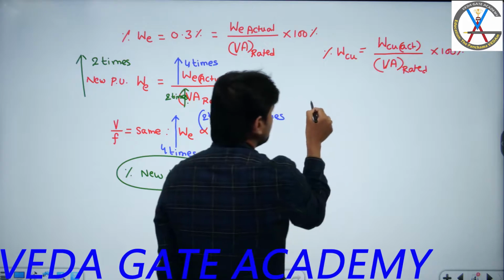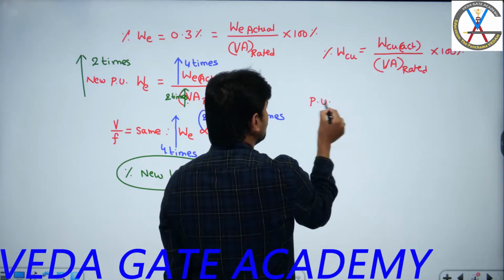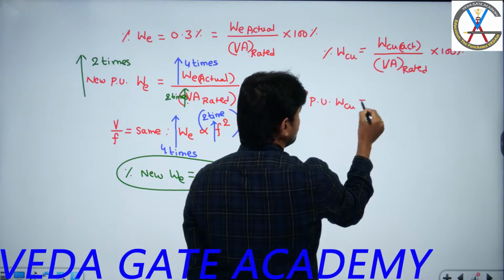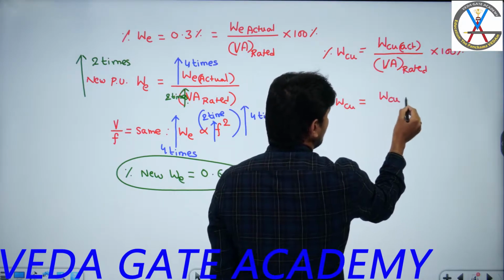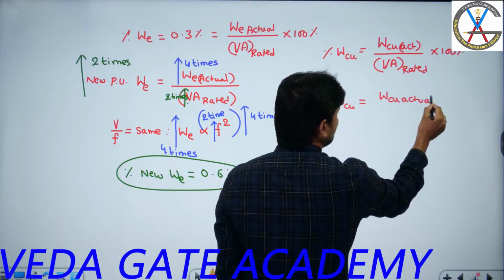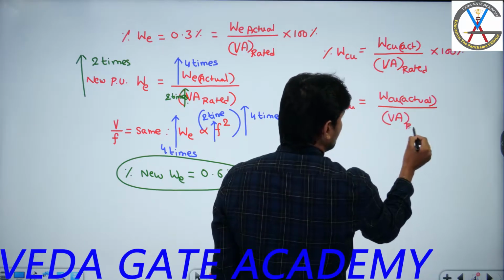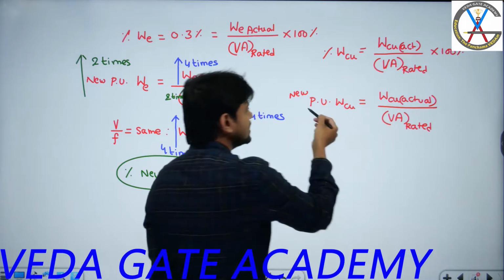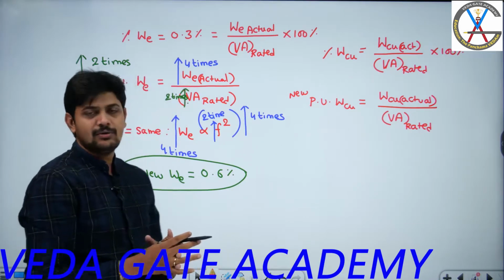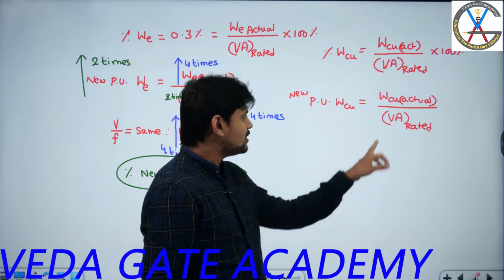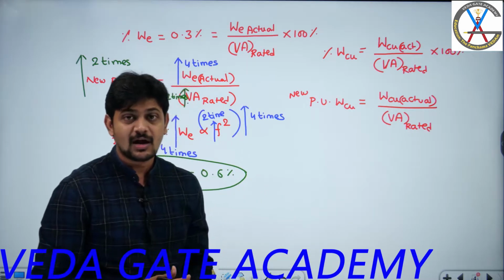So now, to calculate the new per unit copper losses, which is the new actual copper losses divided by the new rated power, if I know what will happen to each of them, then I can understand what will happen to the new per unit copper losses, right? Now my question is, what will happen to these power losses, the copper losses?